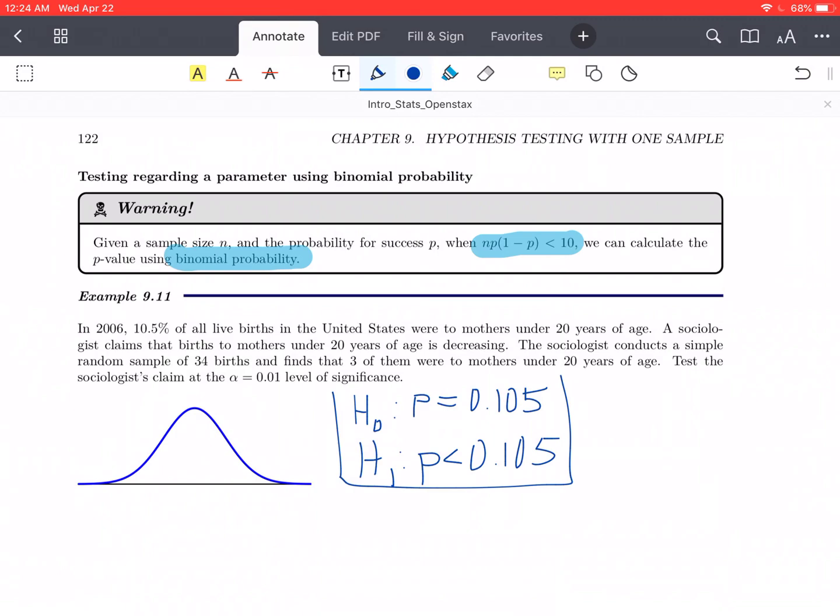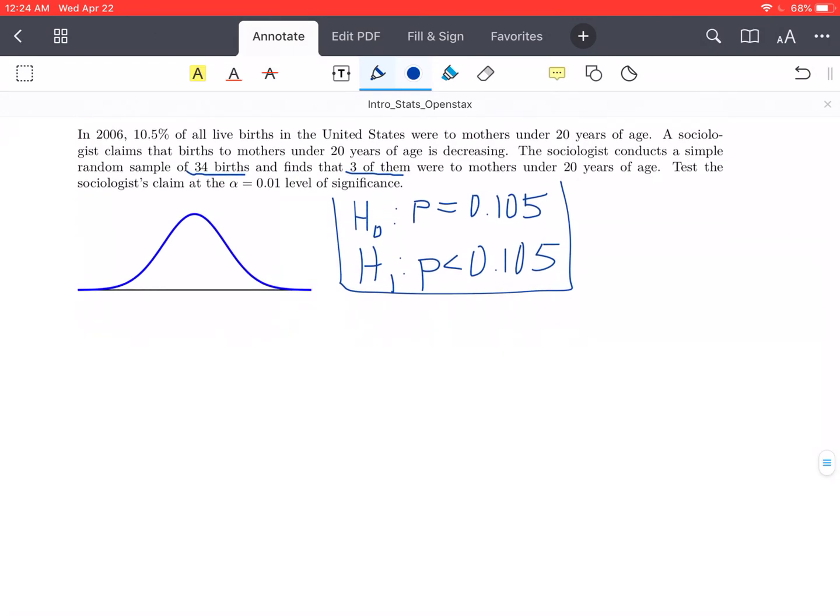Now the problem here is that we might say, hey, wait a second, he only tested 34 births and got 3 of them to be mothers under 20 years of age. That seems like a pretty small sample. Let's check it. We take 34 times 0.105 times 1 minus 0.105, which is 0.895.